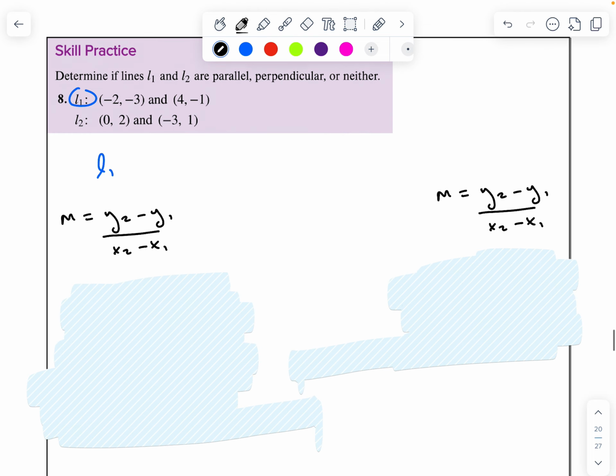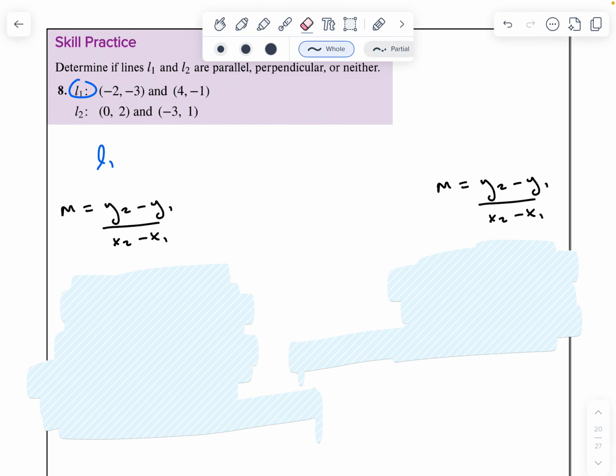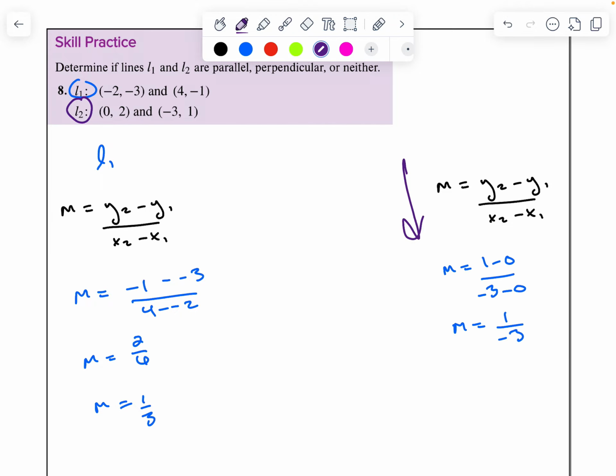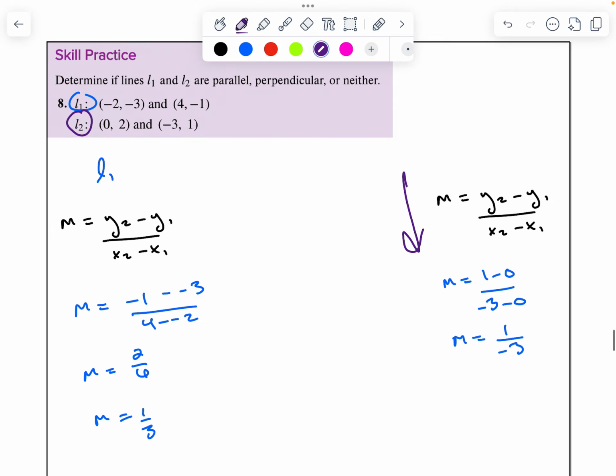All right, try this one. The slope for line 1 is 1 over 3. The slope for line 2 is 1 over negative 3. Are they the exact same? They're not the exact same, so they're not parallel. Are they opposites?